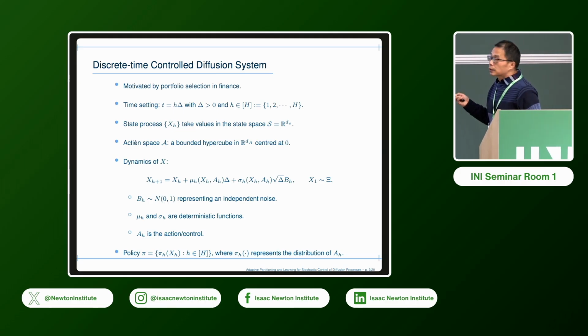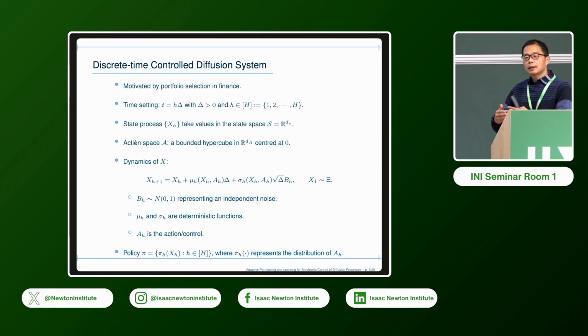Here, B h is a representative of discretized Brownian motion, multidimensional. This delta is the time difference in one step, and A h is the action in the action space.